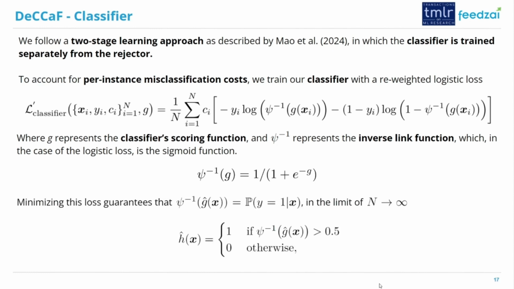Minimizing this loss guarantees that the probability estimates obtained by inverting the score g will converge to the real probabilities of an instance belonging to the positive class in the limit of infinite training data. As such, if we define the classifier h as h hat, we will obtain a classifier that agrees with a Bayes optimal solution.